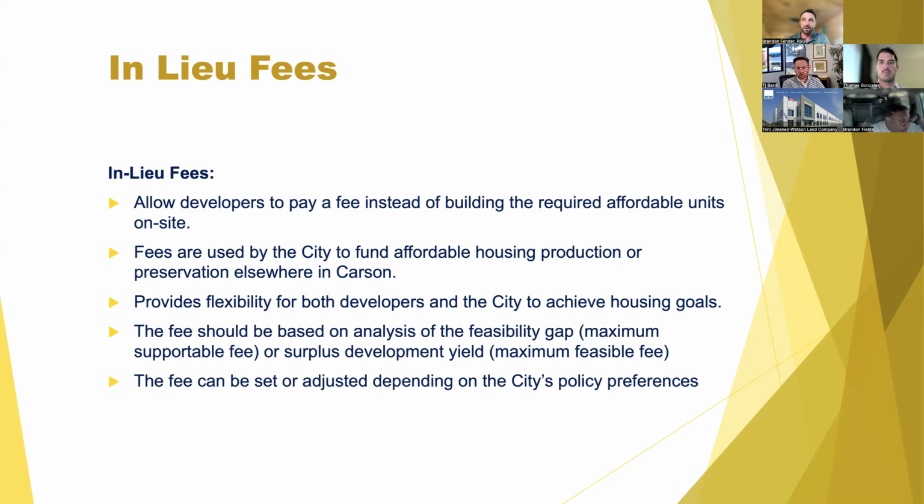If a new market rate development built 100 units, you would end up with 5 to 15 units designated for low income households. If the city instead collected, I'm just going to throw a number out there, $5 million, and leveraged those fees with state and federal sources, they could potentially build 25 or 50 affordable units depending on their contribution to the feasibility gap.